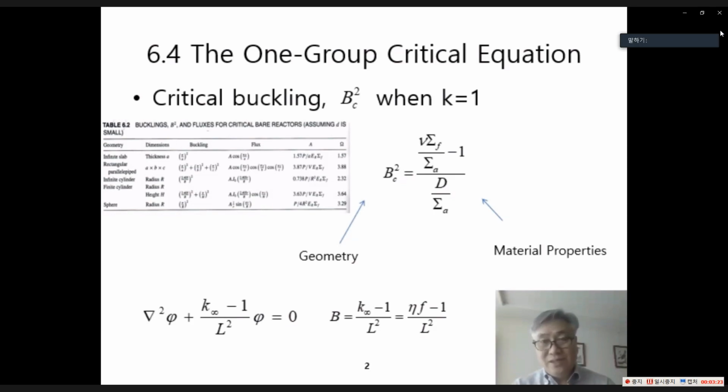So in this critical buckling equation, the left-hand side is determined by geometry and the right-hand side is determined by material property and number density, right? And when these two values are equal, then we can say the reactor is critical, right?